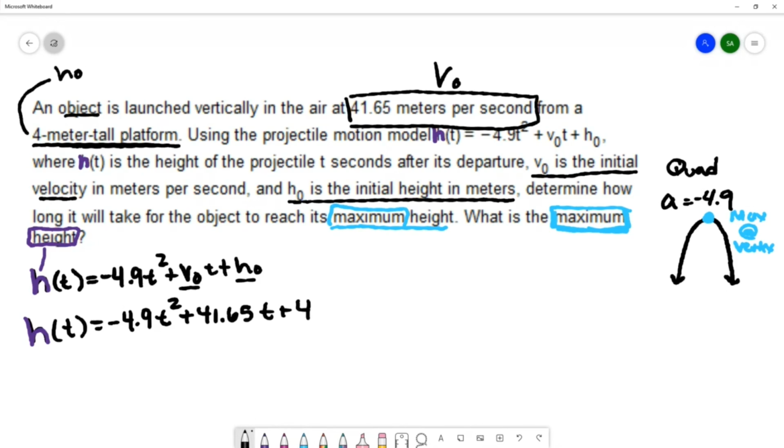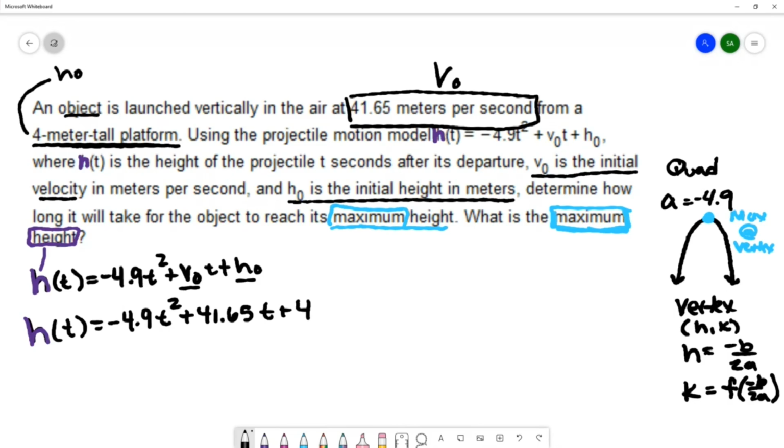Now, we can calculate the vertex with the vertex formula. The vertex formula contains an ordered pair, and we have a formula for the x-coordinate of the vertex, that's negative b over 2a, and the y-coordinate of the vertex. Although there is a formula for this, I never use it. I just substitute that value of negative b over 2a into the function to get the y value.